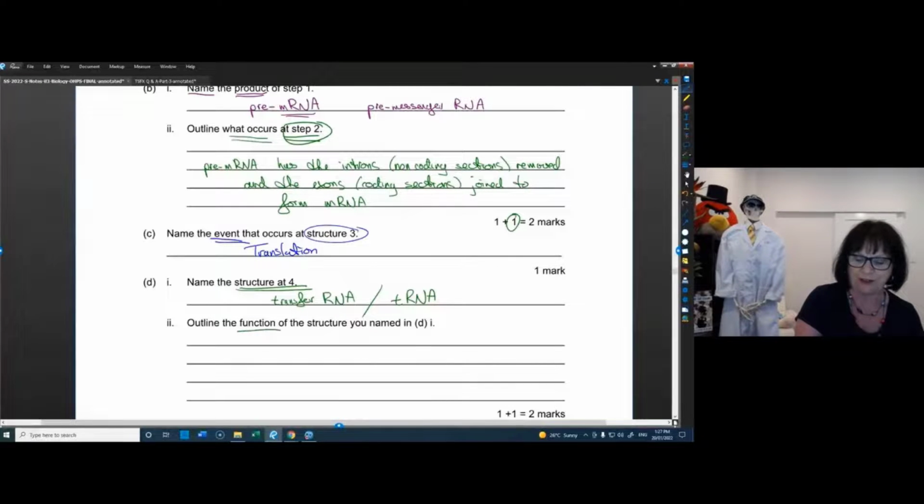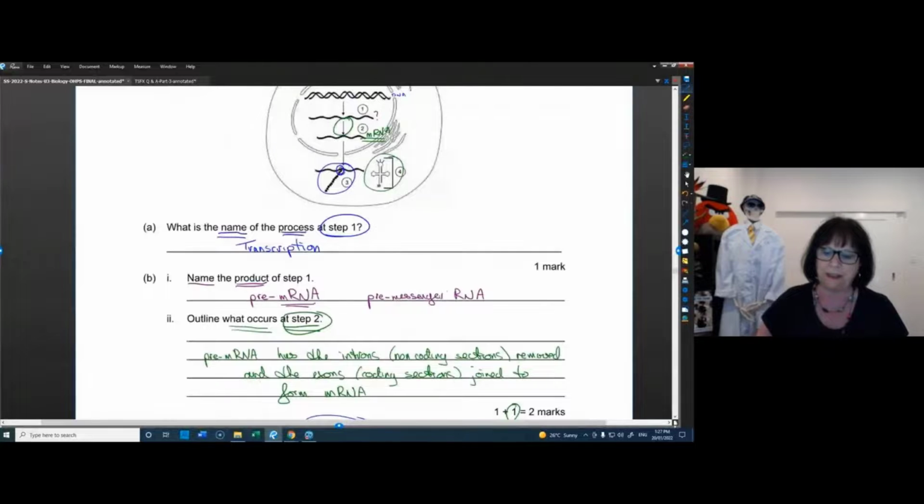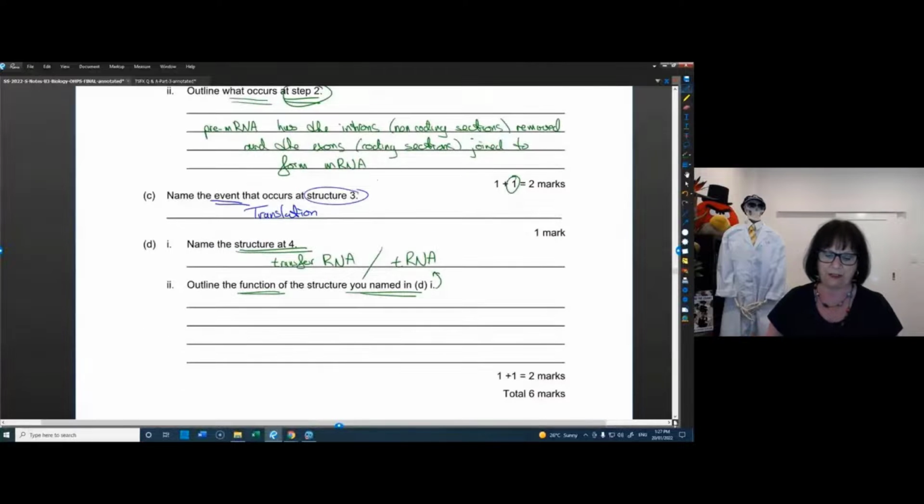So the function of this structure, and as we know, it's going to carry the little amino acids, the specific amino acids.